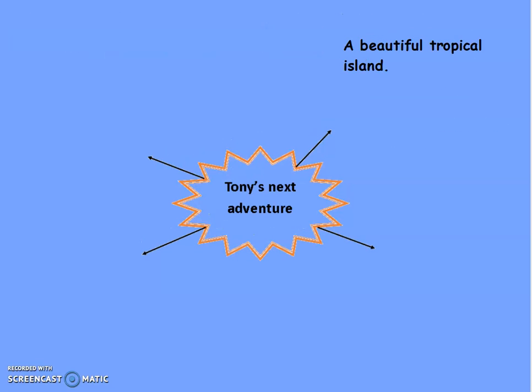I've decided that my idea for Tony's next adventure is going to take place on a beautiful tropical island. In my head I can see the palm trees, the bright blue water, the sandy beach. I can hear the animals, parrots in the trees.